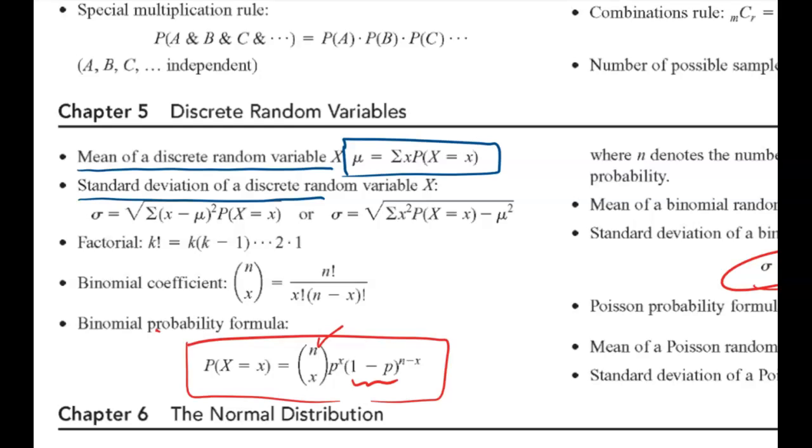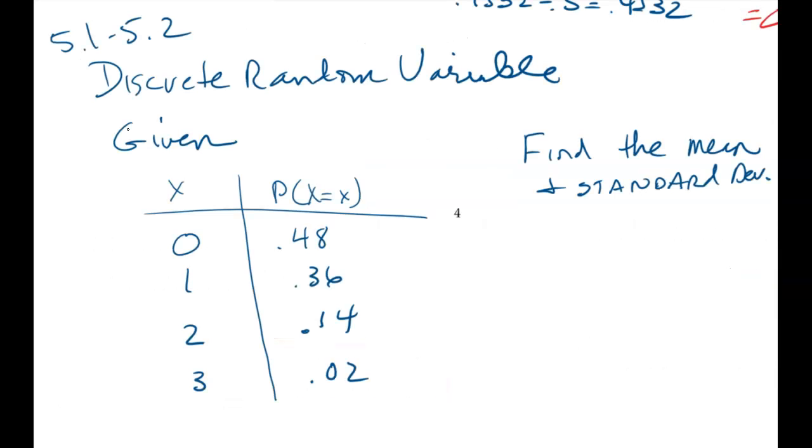For the mean, you are taking the summation of each variable times the probability of it happening. So I want to multiply each variable times the probability that it happens.